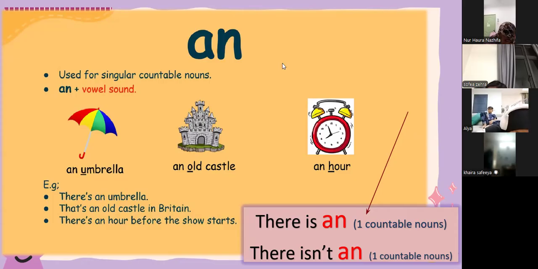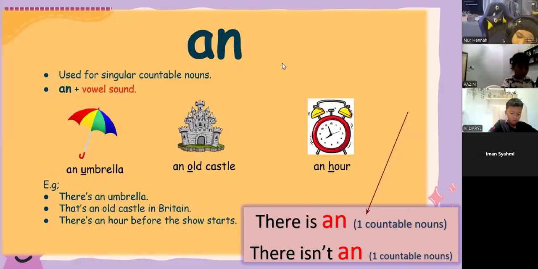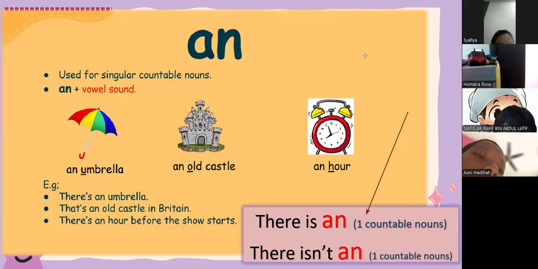Ada nota, tak ada nota, kena salin. Dalam nota, cikgu tak bagi ini. Cikgu bagi kotak sahaja. Because I want you to copy this.